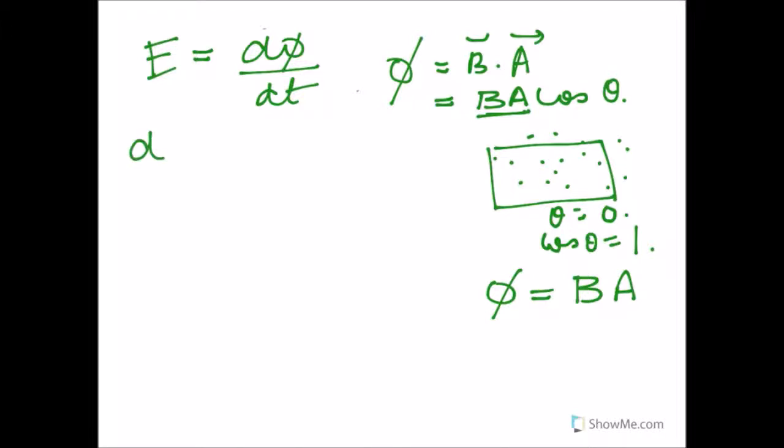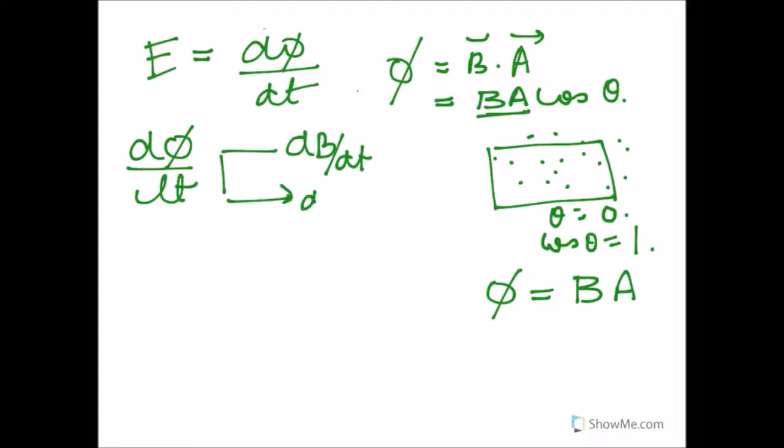Now, the change in flux d phi dt could be due to dB dt or due to dA dt, because phi is equal to B into A. Theta is not changing, it is equal to 0 because you are not rotating the coil, so there is no change in theta.